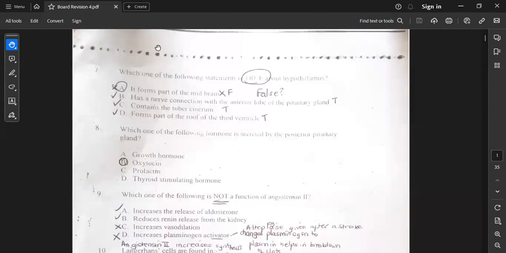So I think it has been confirmed that it contains the tuber cinereum, and that is true. I think C is true too, because I don't think it forms part of the roof of the third ventricle. So D is false.